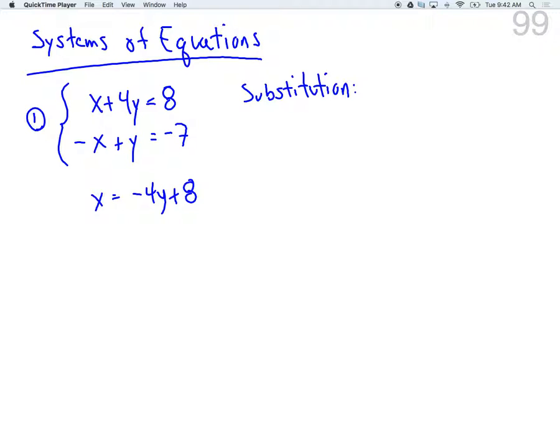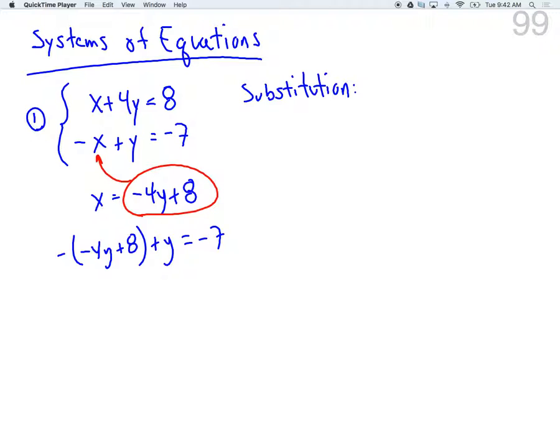Now, take this stuff and put it in here. And that's where the substitution comes in. I'm substituting for x this value. Opposite of negative 4y plus 8, close parentheses, plus y equals negative 7.